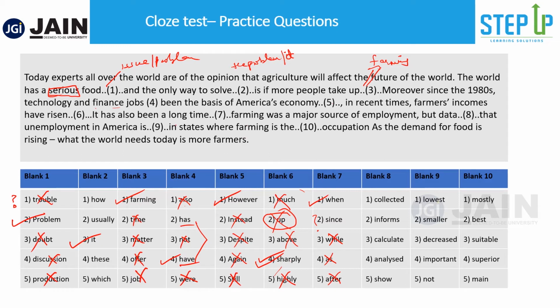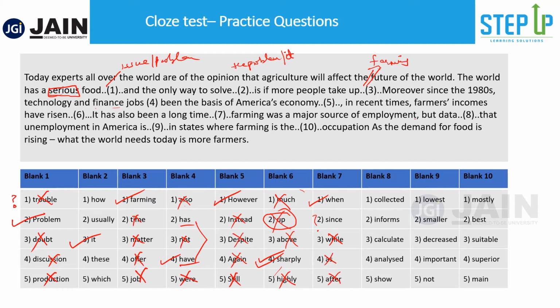So it's been a long time when farming was a major source of employment, but data dash that unemployment in America in states where farming is the dash occupation. Okay, so it's been a long time when it was a major source of employment, but now data predicts that probably, it's good here.